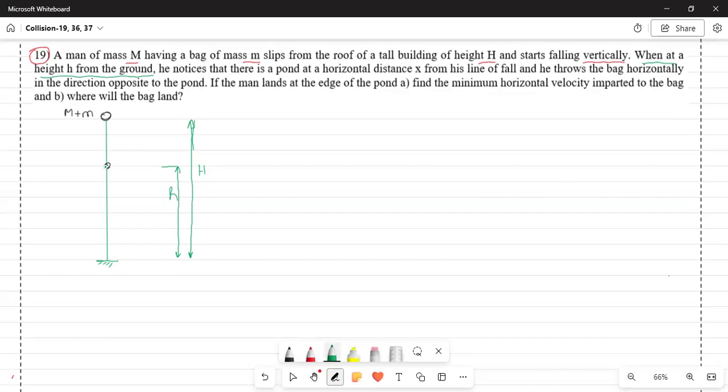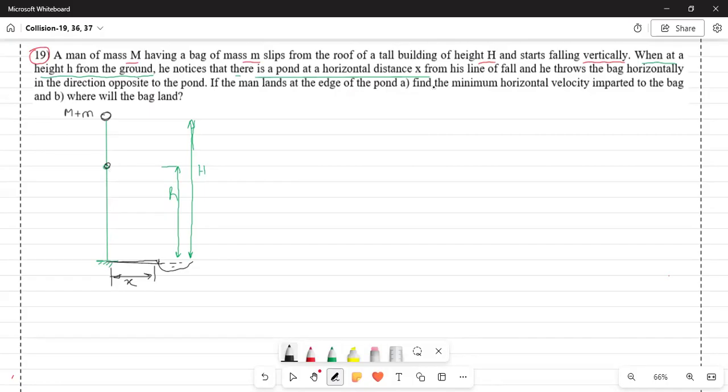When the man is here, he notices that there is a pond at a horizontal distance x, let us say on this side. So definitely he would like to fall in the pond, not on the ground.